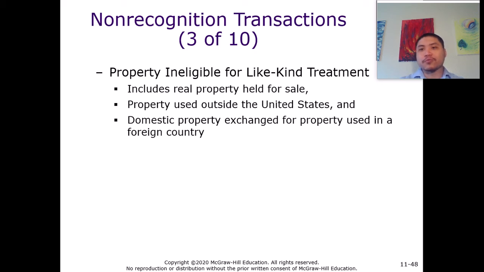I'm not sure if they are allowed to do that, but just for the sake of the example, let's say two U.S. taxpayers have some properties in China, and they want to exchange them with each other.